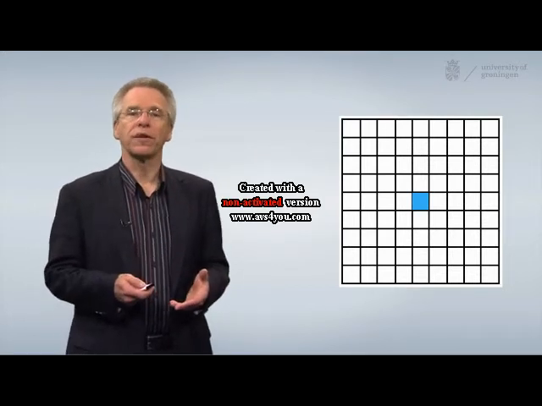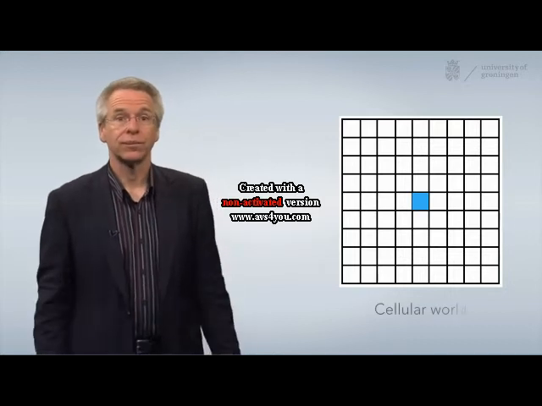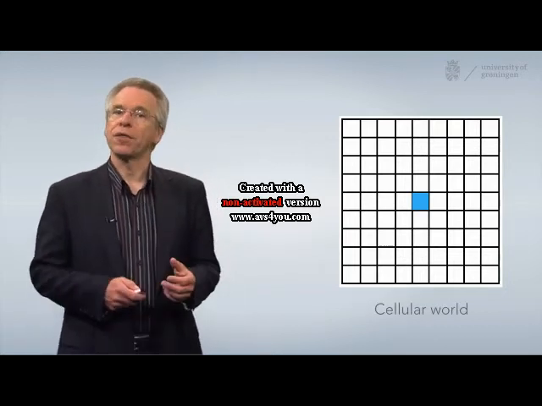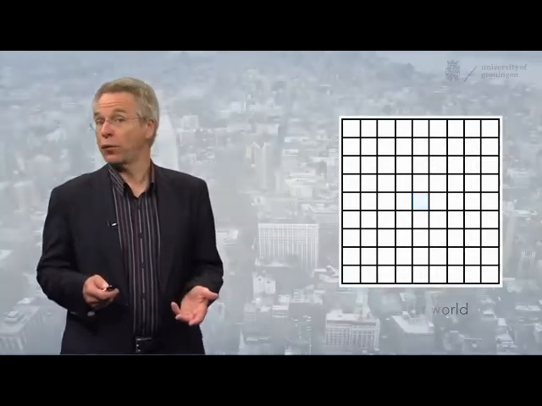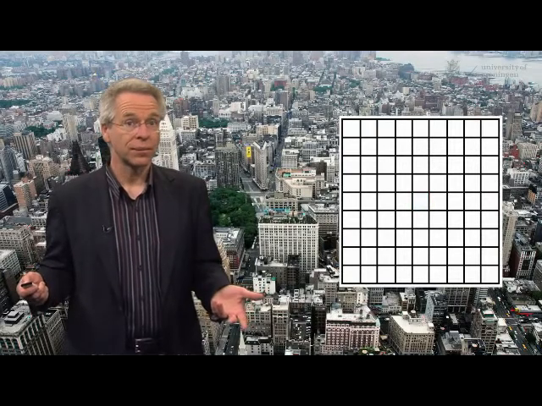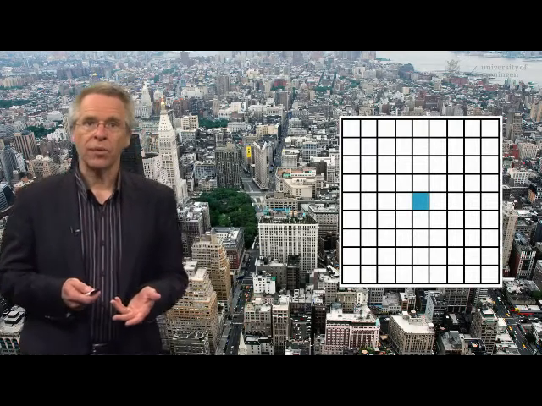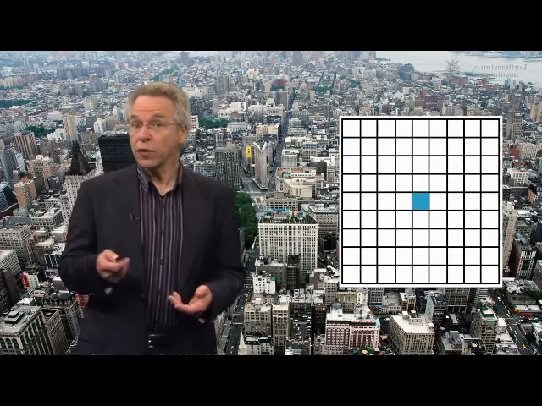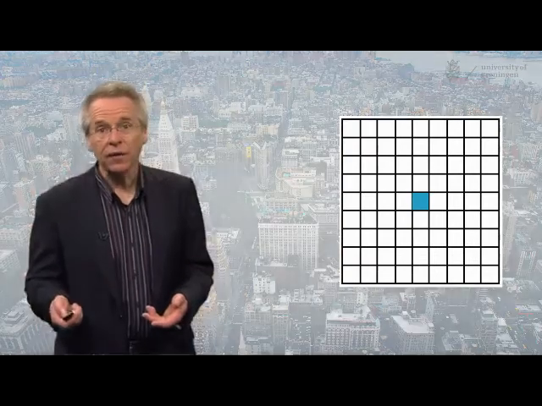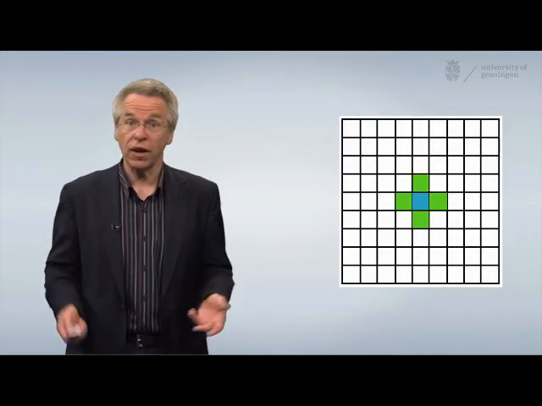We also call this a cellular world. You can think of this as a very abstract and simplified model of how people live in a city. A cell represents the place of a house or an apartment.